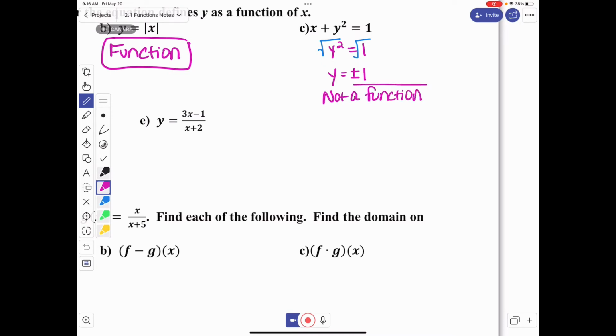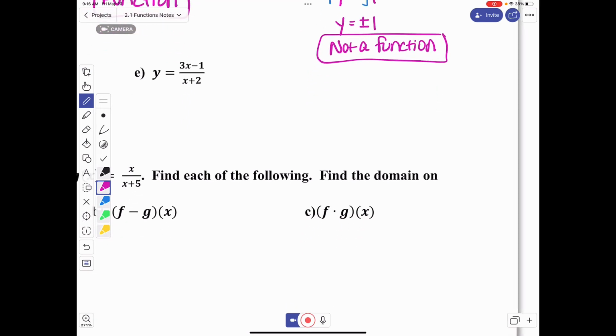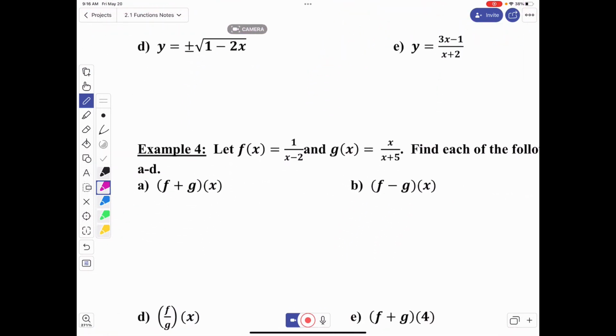All right, for D, well, y is by itself, but notice you've got the plus or minus here. That's already telling you you've got two answers, a positive version and a negative version. So this one is not a function.